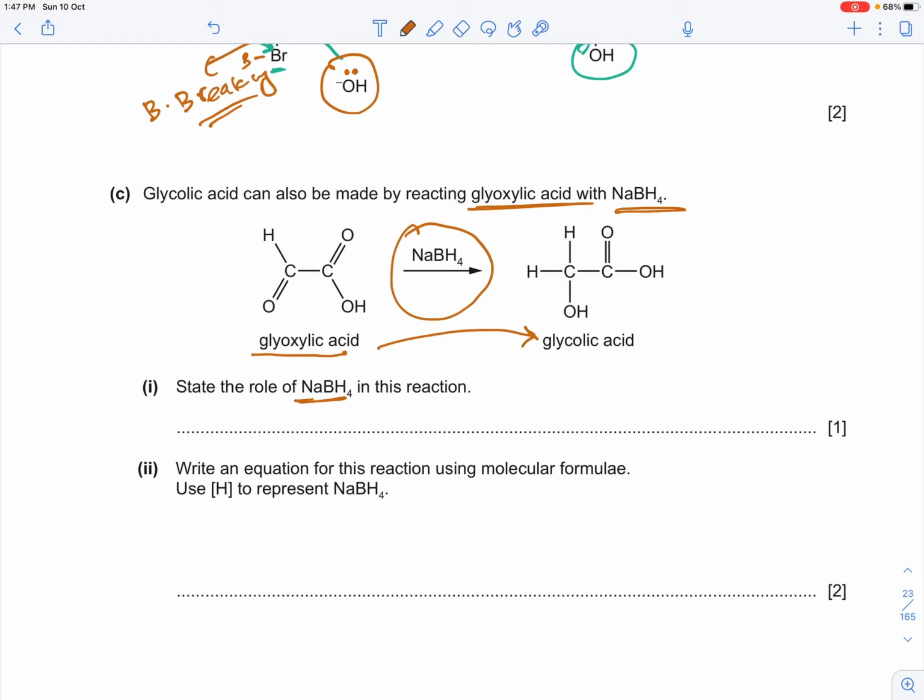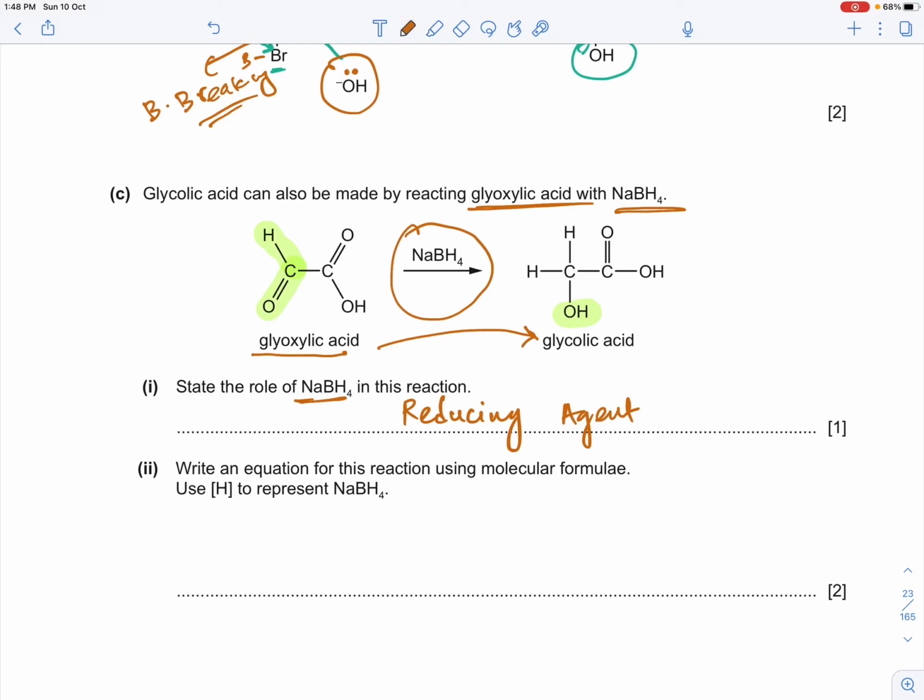I hope everyone knows that NaBH4 is a reducing agent. In this reaction, you can see that the aldehydic group, C double bond O, is being reduced into alcohol. So aldehyde has been reduced into alcohol, which means NaBH4 is acting as a reducing agent.